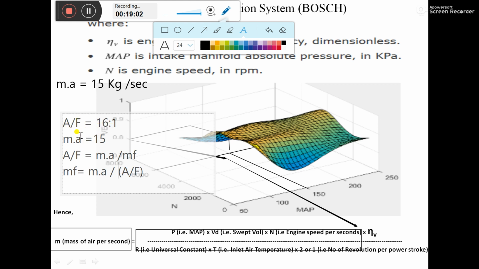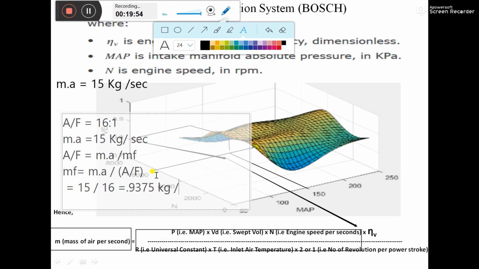So if you need to supply a 16 to 1 degree of leanness charge, and you have 15 kg per second of air supply, then in order to maintain this degree of leanness you have to supply a mass of fuel equal to 15 divided by 16. So the mass of fuel to be injected is 0.9375 kg per second.